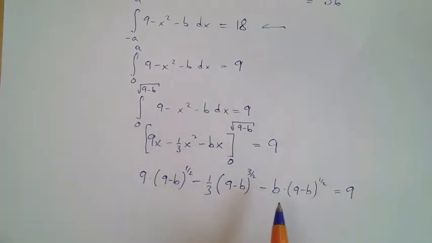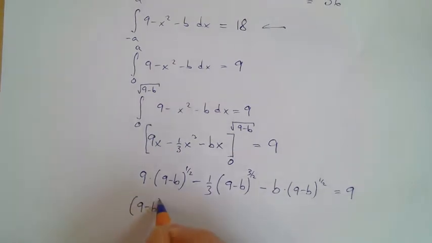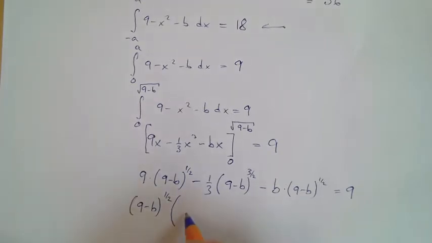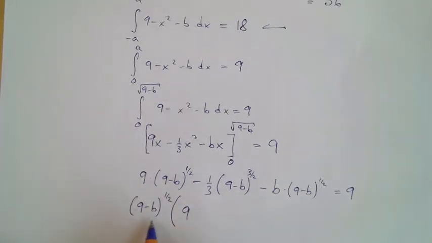We can factorize the square root of 9 minus b. Square root of 9 minus b times, I have 9 such parts, minus 1 over 3 times 9 minus b.